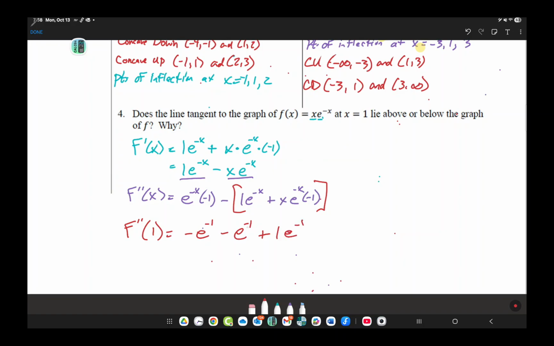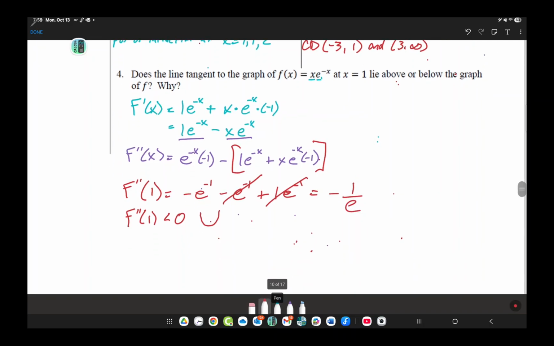Well, these two actually cancel out. So I'm left with negative 1 over e. Again, it doesn't matter what the number is, this answer is what? Negative. So f double prime of 1 is less than 0, which means it is concave down.